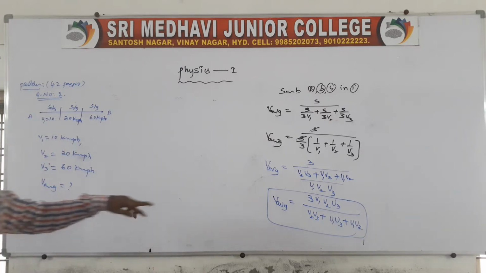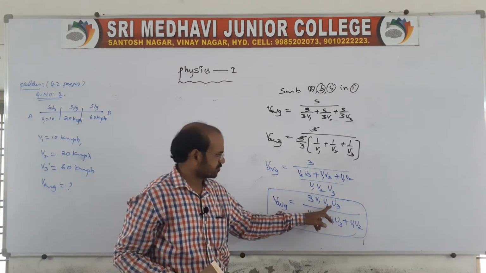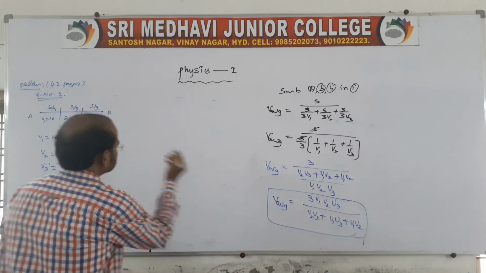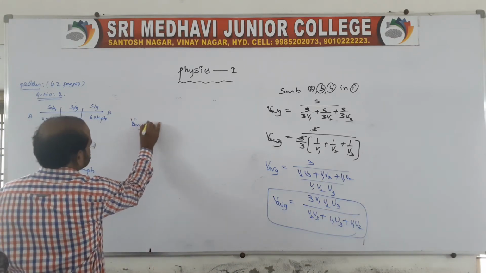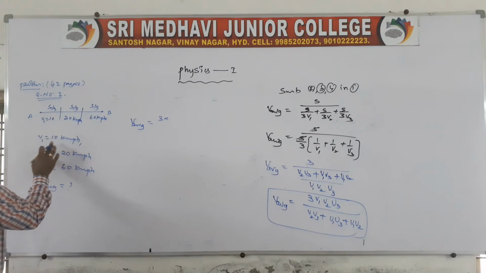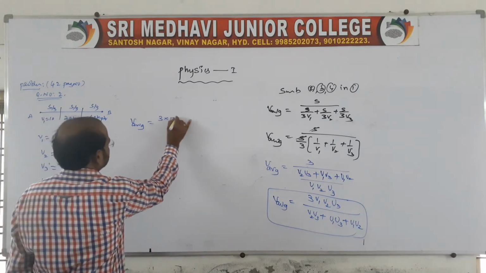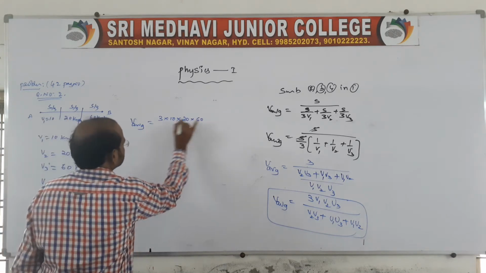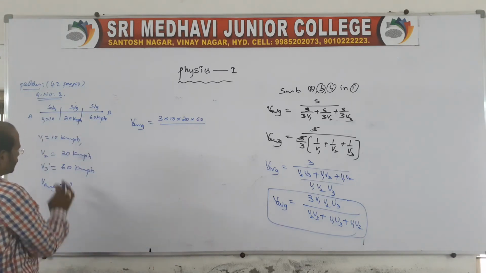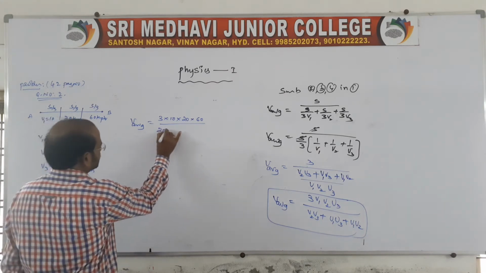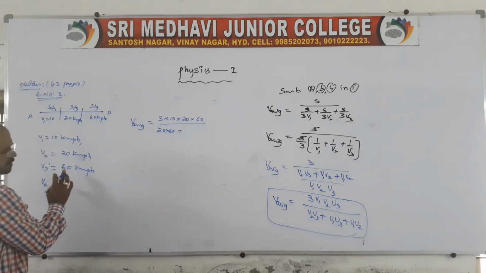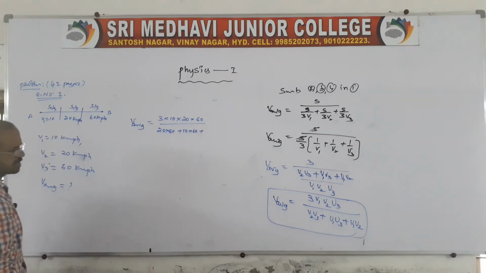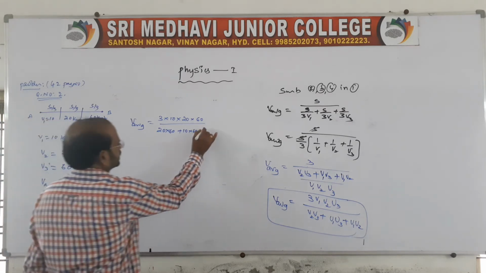So directly we have the formula, average speed is equal to 3 v1 v2 v3 by v2 v3 plus v1 v3 plus v1 v2. Directly here you substitute, and the average speed will be equal to 3 into v1, here it is 10 km per hour, into v2, 20 km per hour, and v3 60 km per hour, by v2 v3, that is 20 into 60, plus v1 v3, 10 into 60, plus the last one v1 v2, 10 into 20.